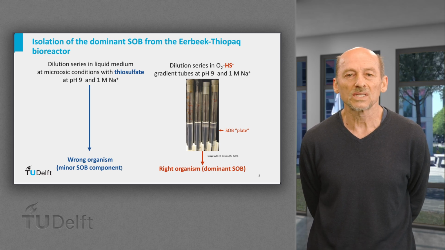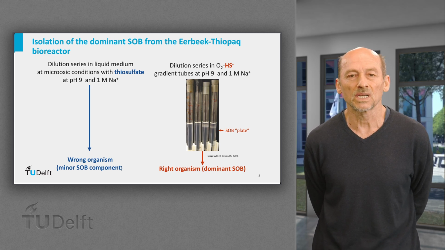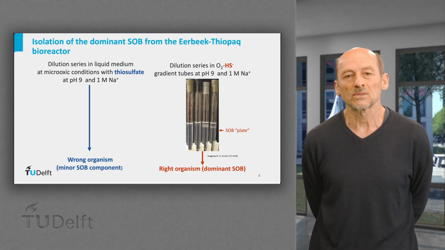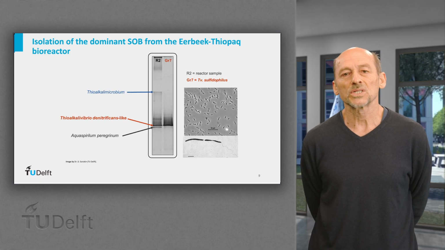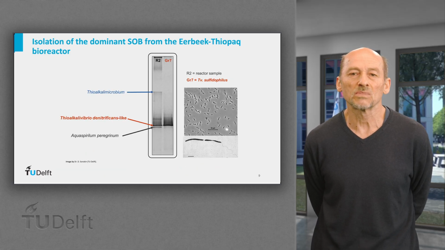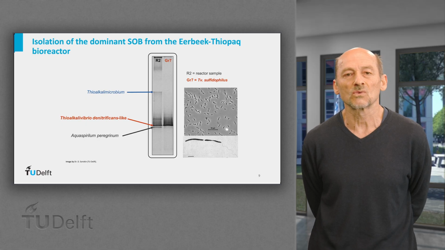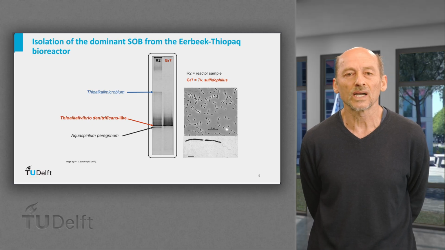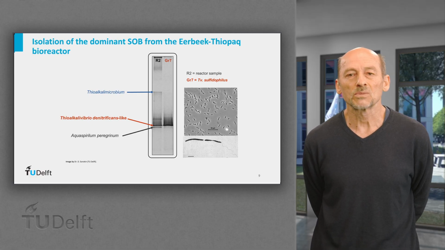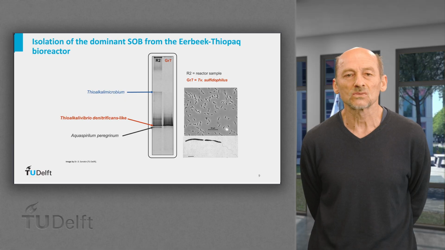But after the activity test results were analyzed, it became clear that an alternative strategy should be used, that is sulfide-oxygen gradient cultivation. This approach is much more time-consuming, but indeed it proved to be the right choice, resulting in preferential development of a haloalkaliphilic sulfide-oxidizing bacterium, whose molecular profile was identical to the dominant organism in the bioreactor.